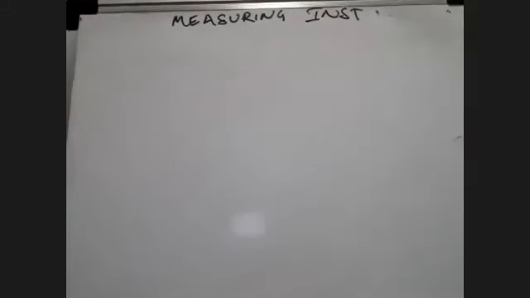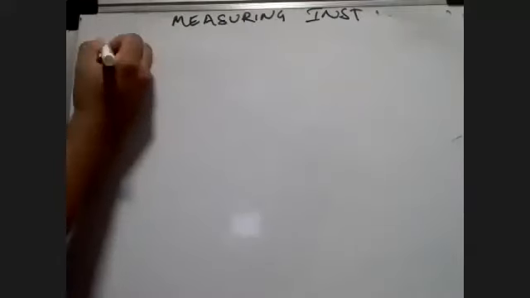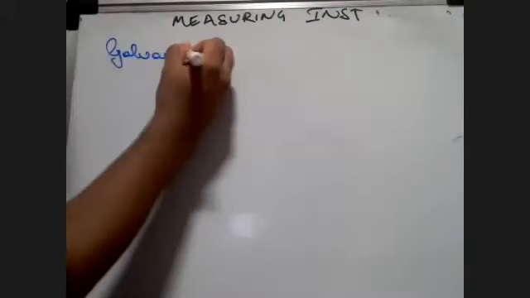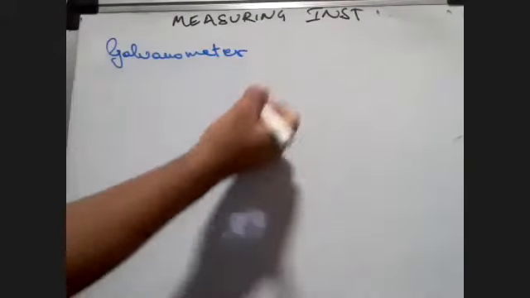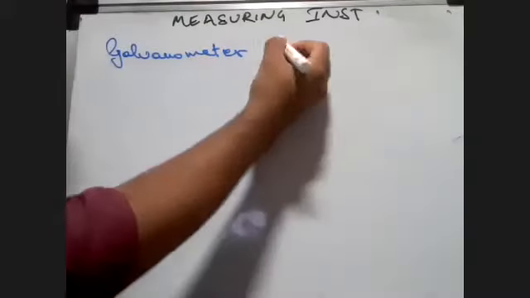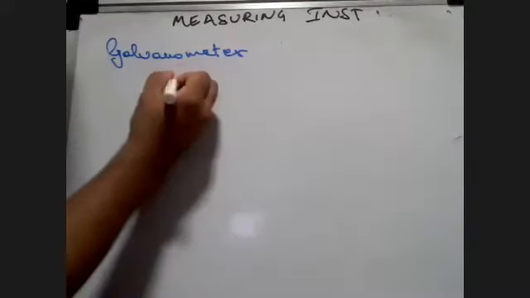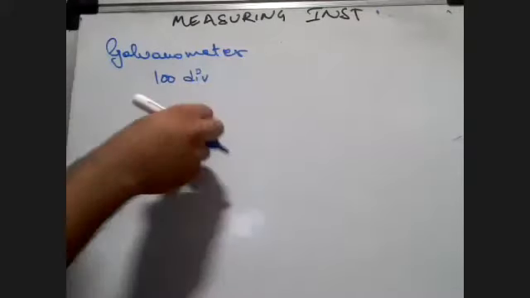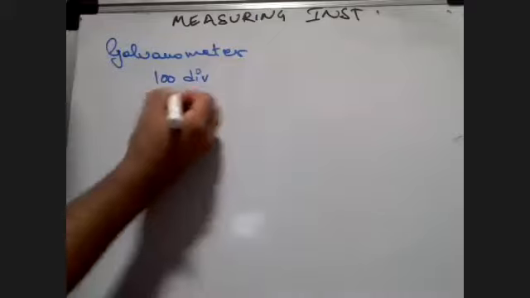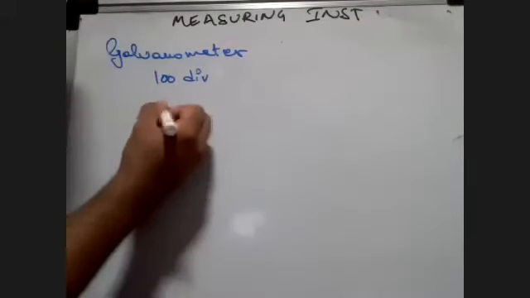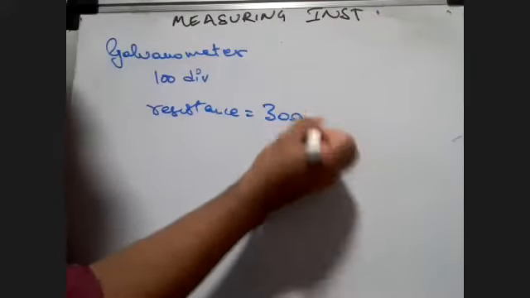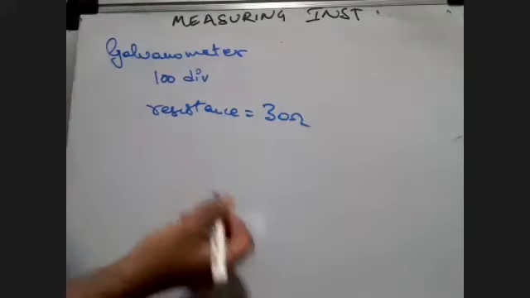So let's say there is a galvanometer, and the galvanometer has 100 divisions and a resistance of 30 ohms.